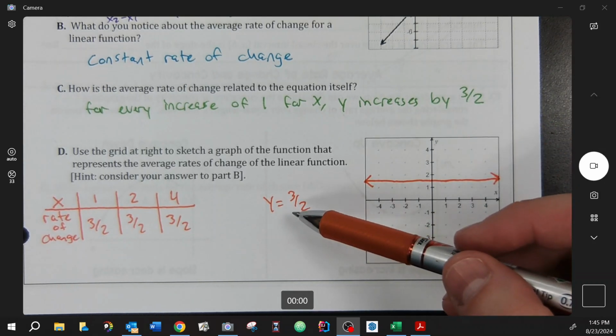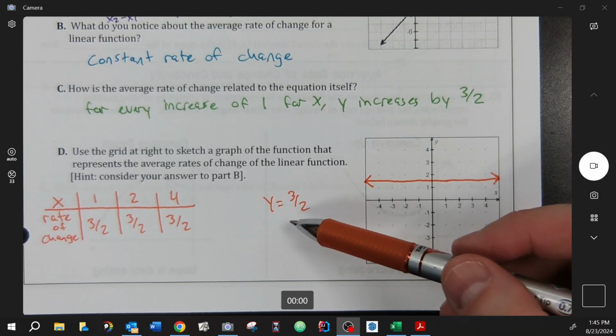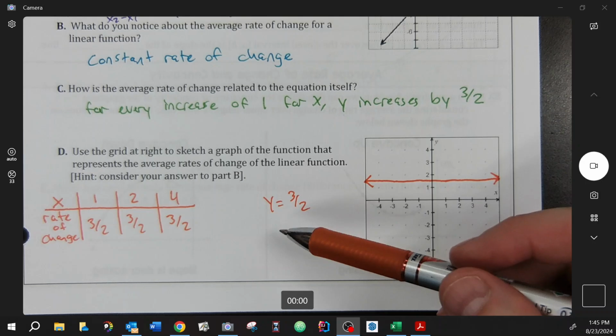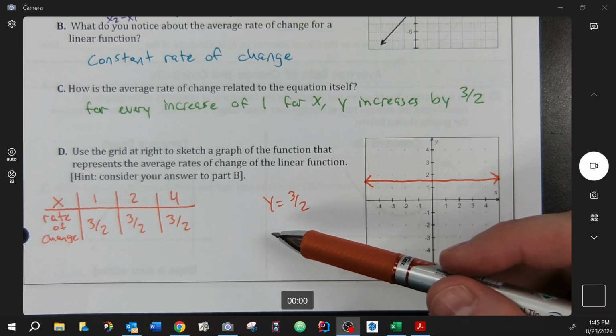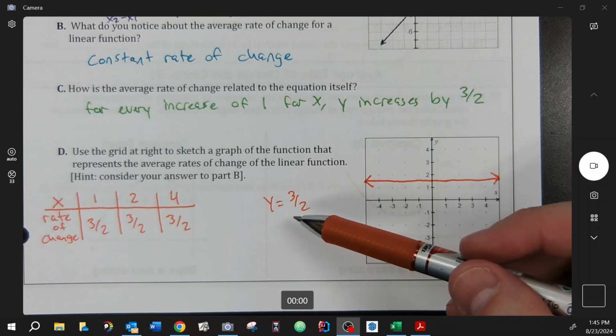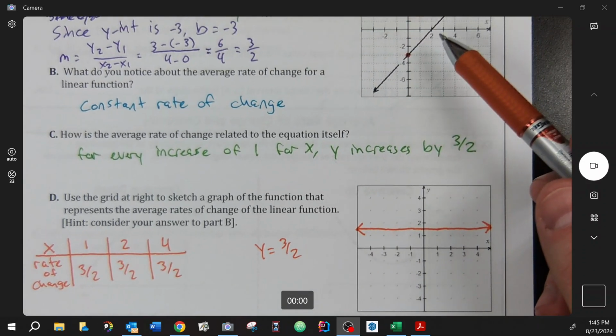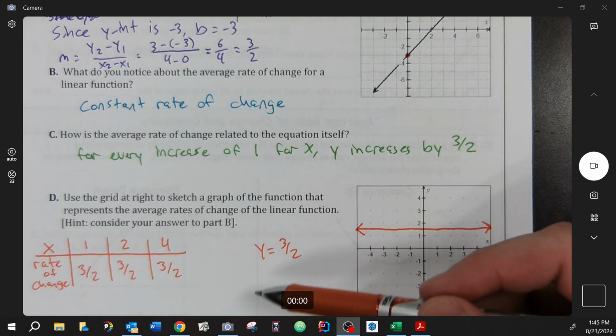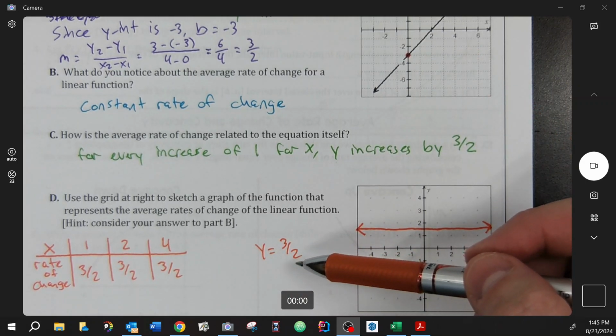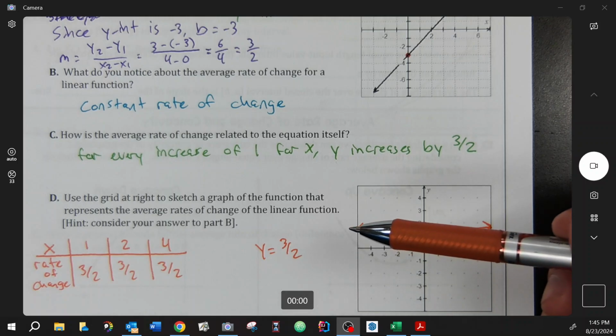This function is our instantaneous rate of change function. It tells us what the instantaneous rate of change is of our function at every x value. Which is kind of like, well, duh, it's constant. But are they all constant?